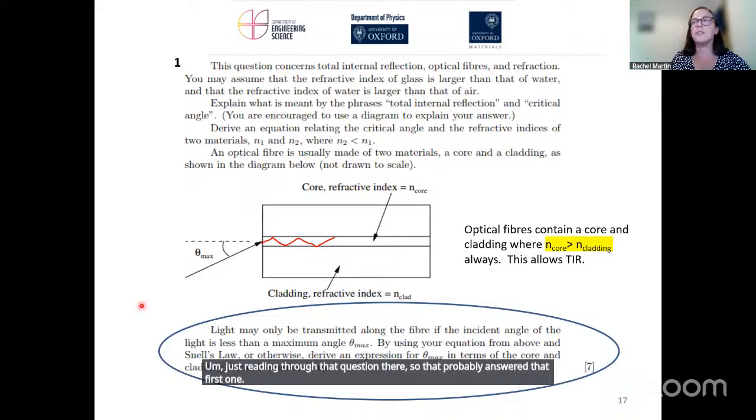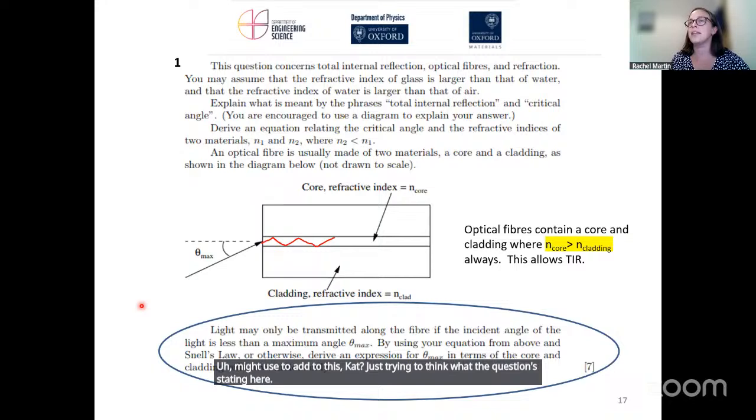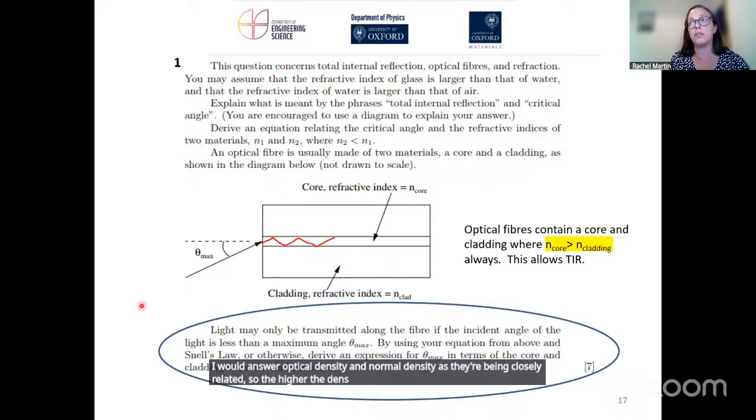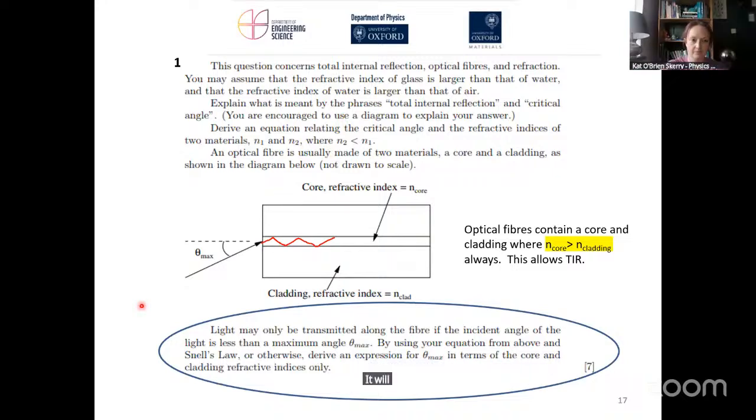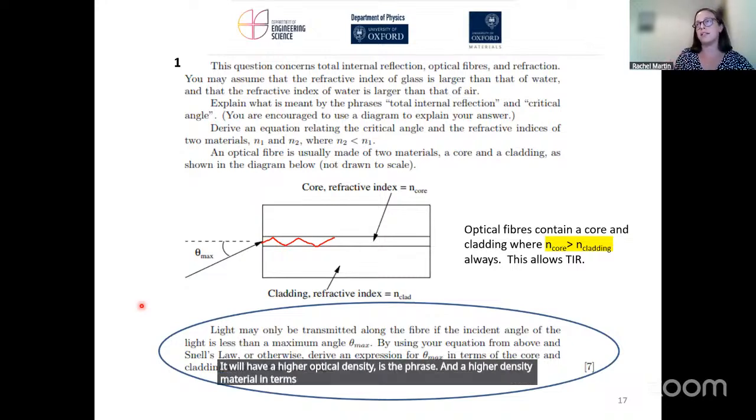Might need you to add to this, Kat. Just trying to think what the question's stating here, because I haven't had that one for a while. I would answer that optical density and normal density are closely related. So the higher the density of the material, the higher its optical density, and a higher density material in terms of material density will have a higher refractive index.